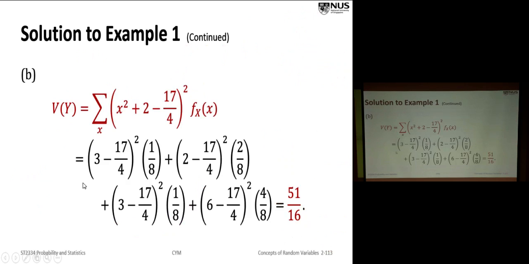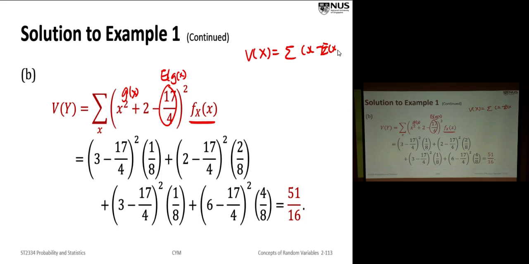Now, variance of x. Okay, so we treat this as a function of x minus the expectation of the function of x, and square it, times the corresponding probability. All right, so that is how you get the variance of a random variable. So the variance of a random variable x is equal to the sum of (x minus the expectation of x) squared times f(x).